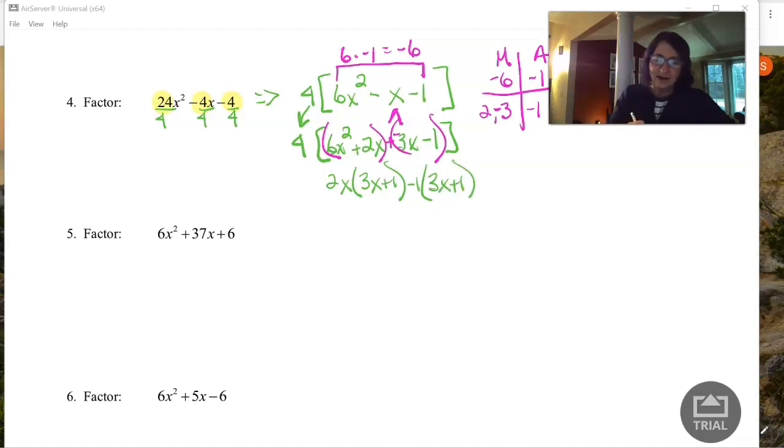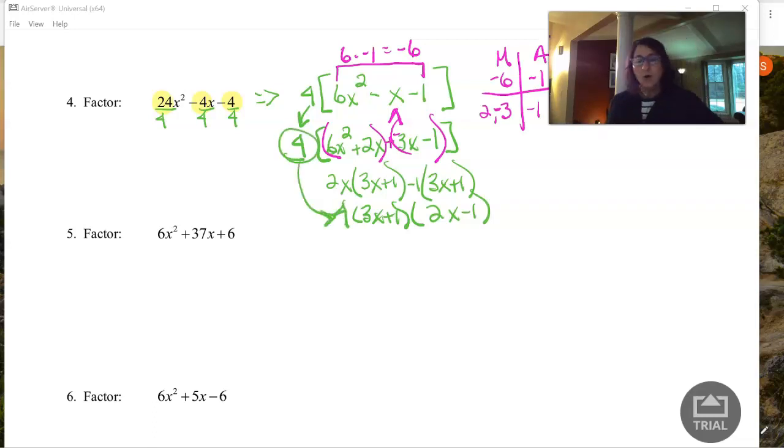So now I've got 3x plus 1 times 2x minus 1. And I don't want to leave out that 4, which is necessary to be considered our final factored form. If I left out that 4, it would be incorrect.